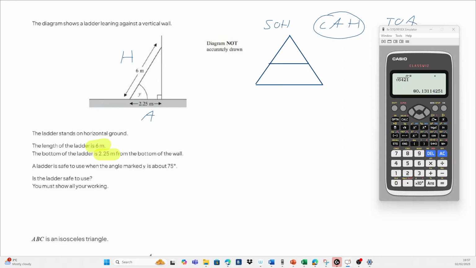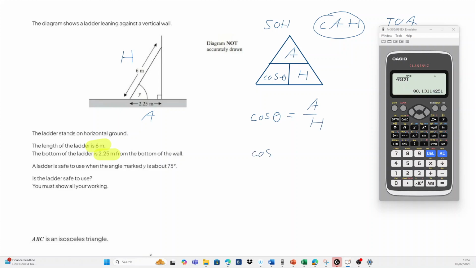We know that the C stands for cos of the angle, and we've got A and we've got H over here. Now, what are you trying to find here? You're trying to find the angle part, which is the cos theta part. So the formula is going to be cos theta is equal to, put your finger over this part, A divided by H. So A over H. And then just substitution.